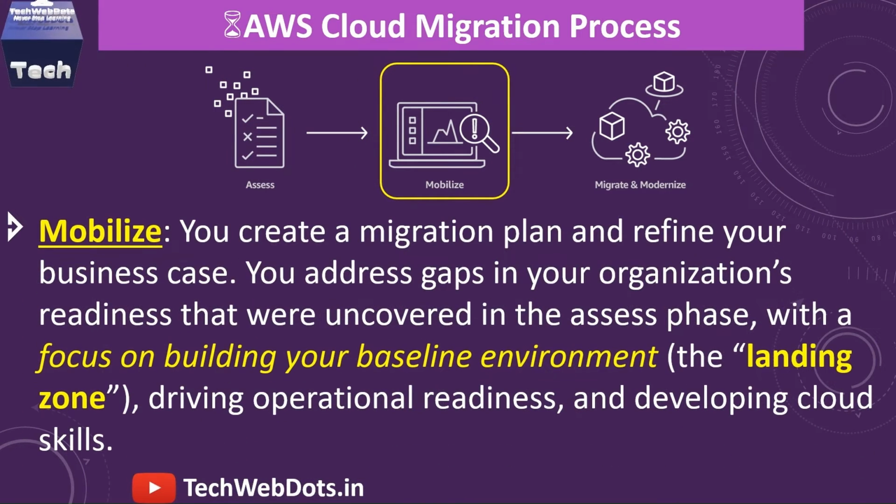Let's think about Mobilize. So you can create a migration plan and refine your business case. You address gaps in your organization readiness that were uncovered in the assess phase, with a focus on building your baseline environment, which is called the landing zone, right? So this baseline environment is very, very important, where your whole applications will be running, driving operational readiness and developing cloud skills.